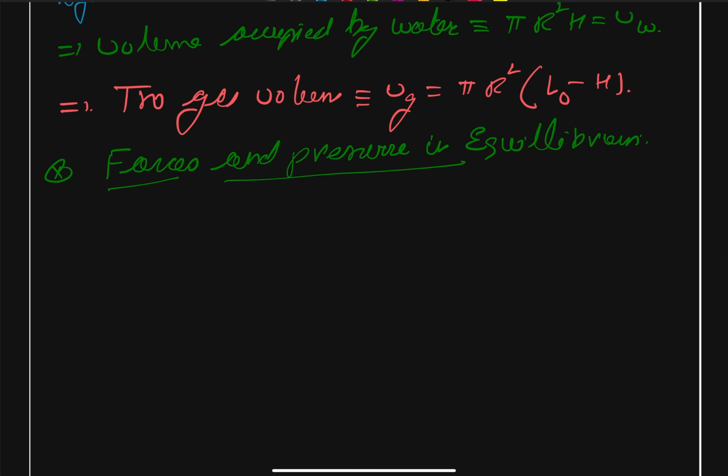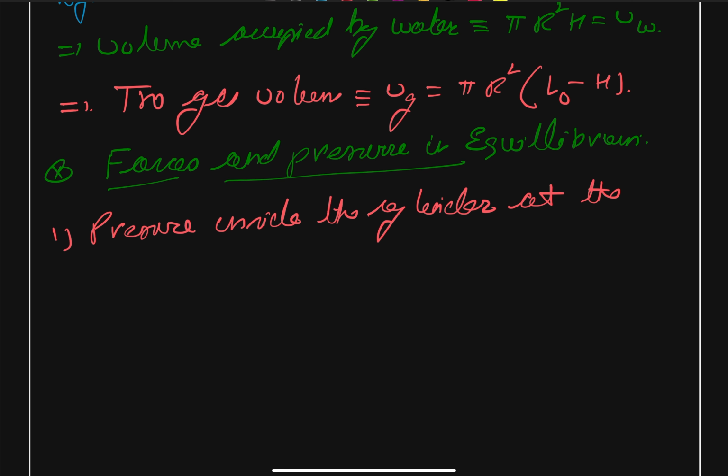So first of all, let's find out the pressure inside the cylinder at the bottom, which basically means at z equal to 0. And we are only talking about the water which is inside the cylinder.